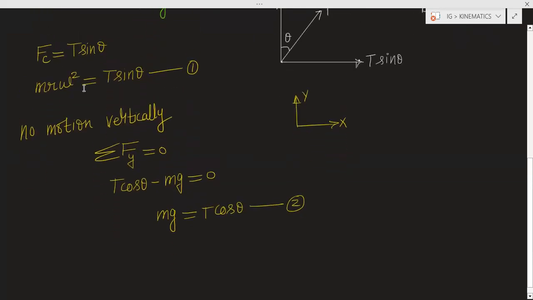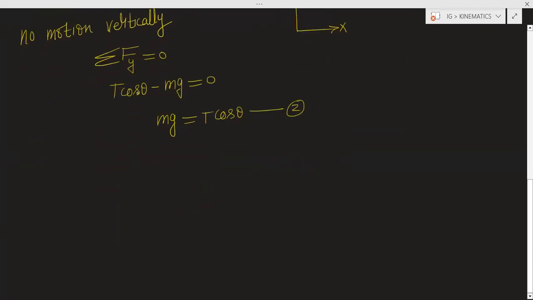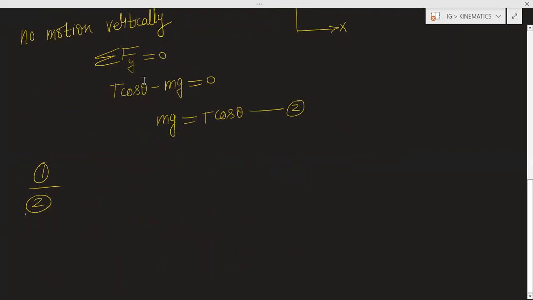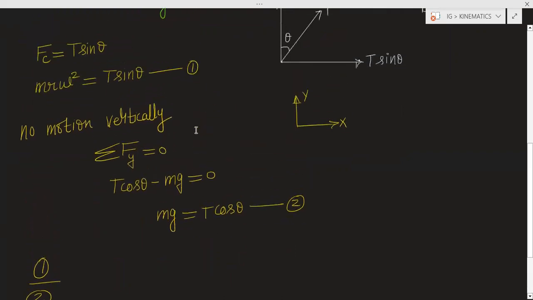Now divide equation 1 by equation 2. Equation 1 is m r omega square equal to T sin theta, divided by mg equal to T cos theta.